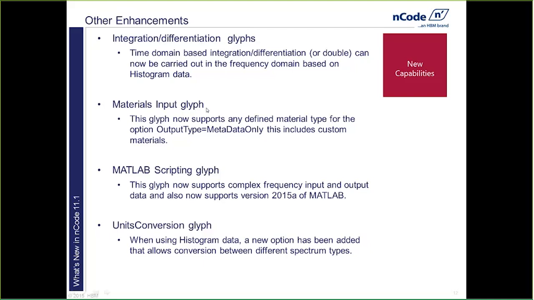They will generally be output in terms of all the metadata from the material, and in some cases where you've got arrays of results, they will also be output as multi-column. So this allows you to get access to any material types you may have defined yourselves as custom materials directly within a flow, to use those directly.